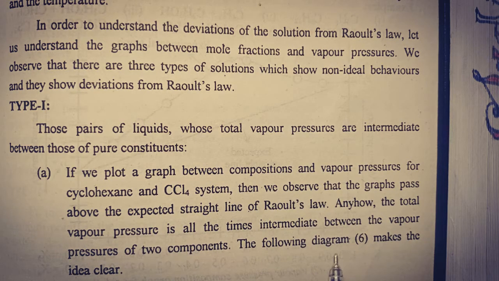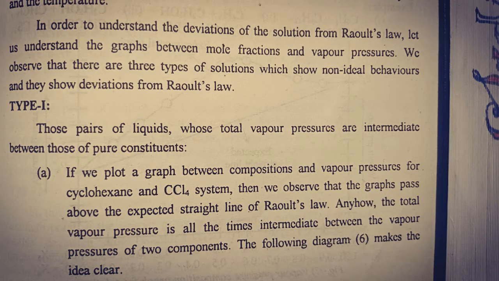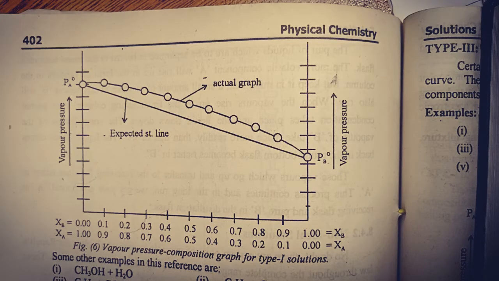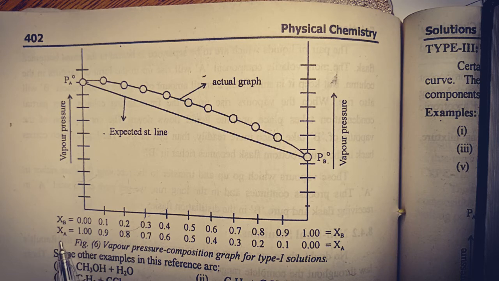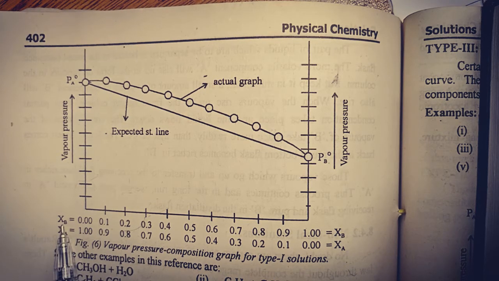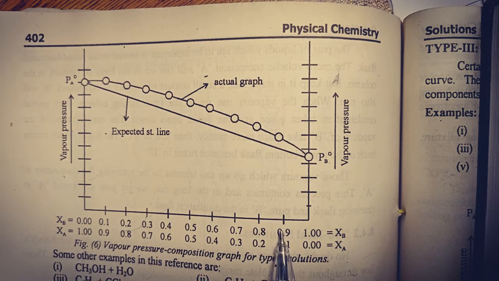The following diagram makes the idea clear. So let's see the diagram. Here we have a diagram with liquid A with mole fraction XA and liquid B with mole fraction XB.